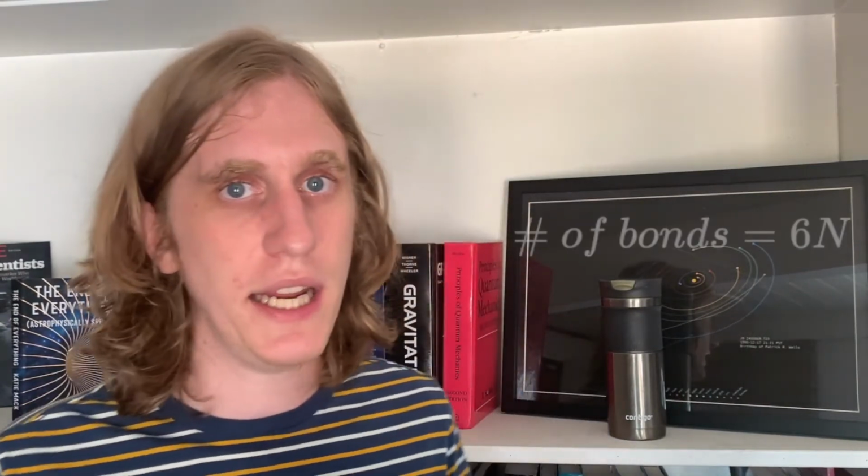It's shown here. N is just the number of particles. It's probably not surprising that the number of bonds a substance has depends on its number of particles. The 6 comes from thinking about how many bonds a particle will have to its neighbors. On average, in a solid, particles have about 12 bonds to their neighbors. So why the 6?